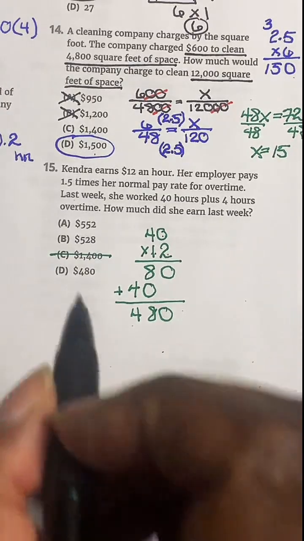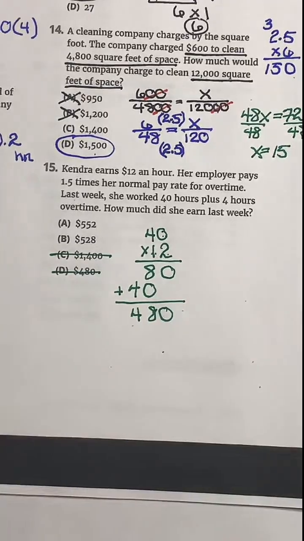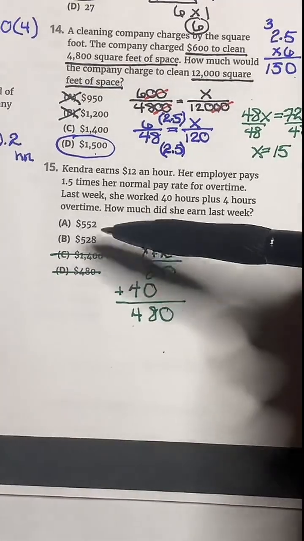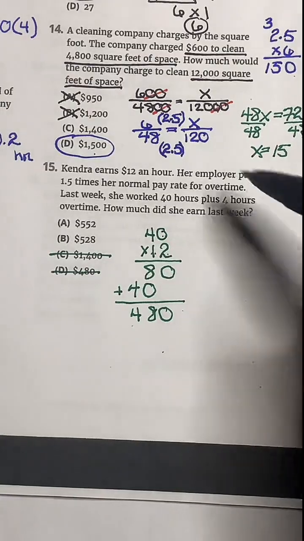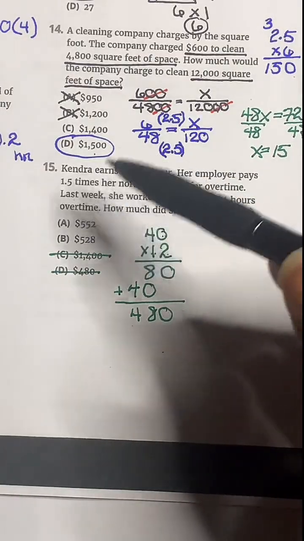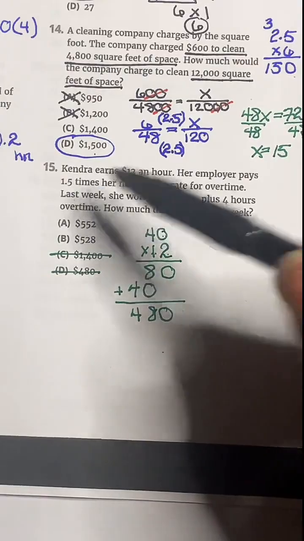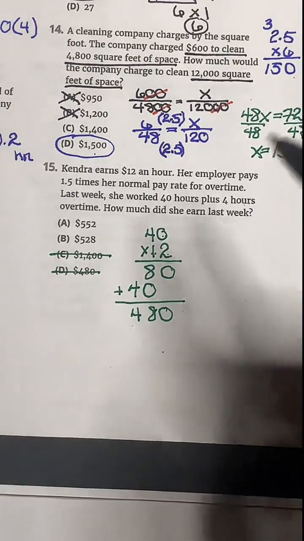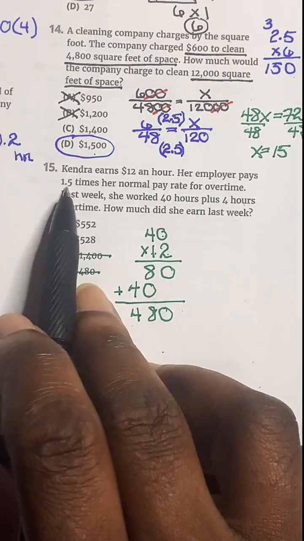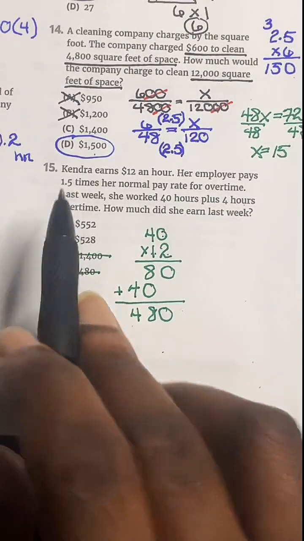So right away, choice D is gone. So it's either going to be A or B. But now, the overtime, they made 1.5 overtime. Okay. So in 1 hour, that means 1.5 hours.